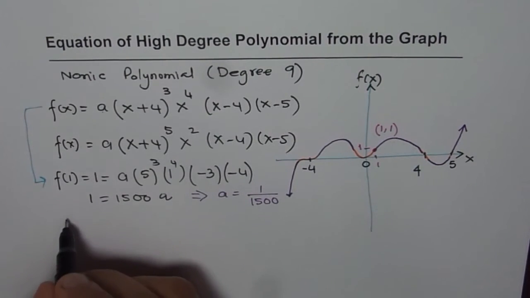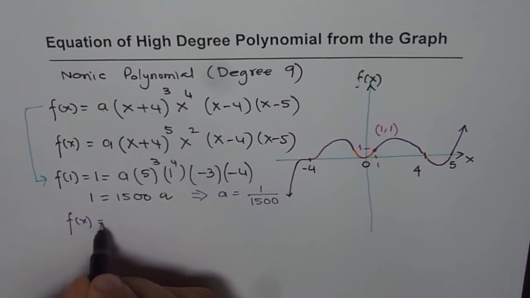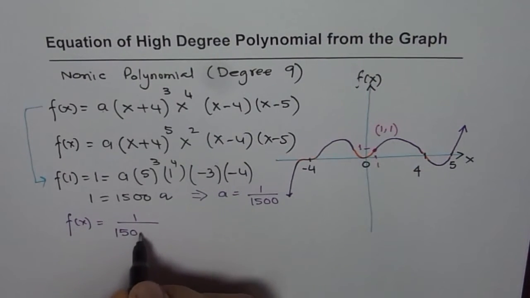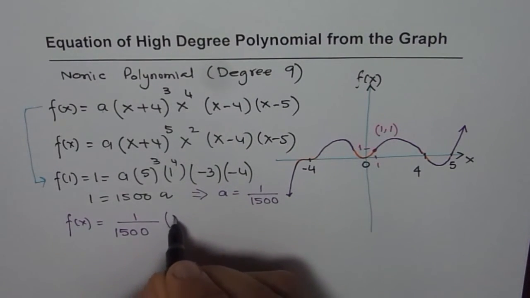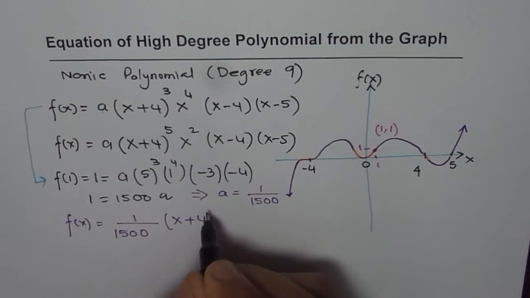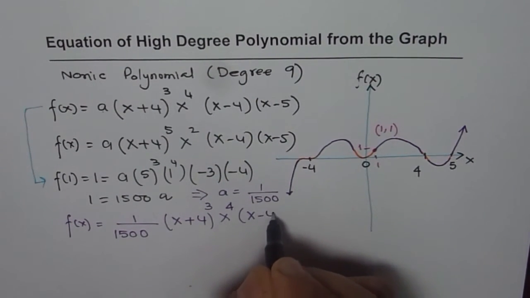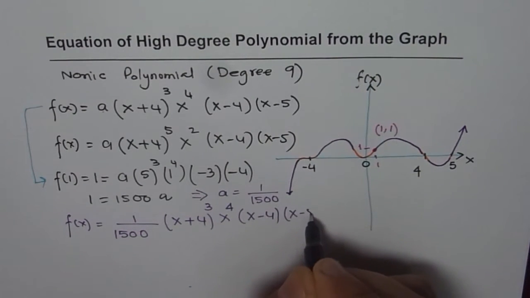And therefore, our function f(x) is equal to 1/1500 times (x + 4)^3 x^4 (x - 4)(x - 5).